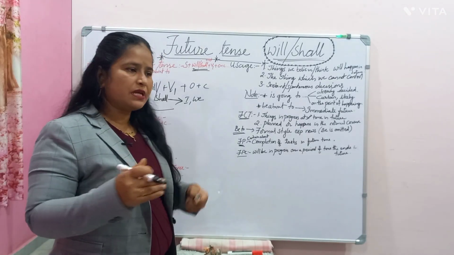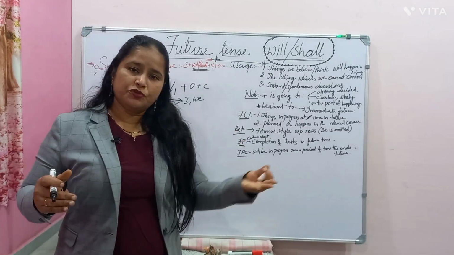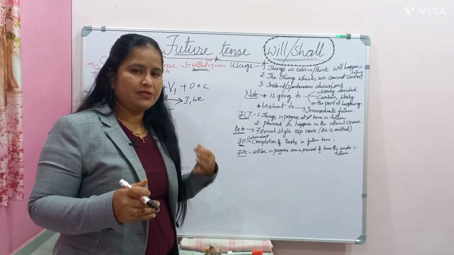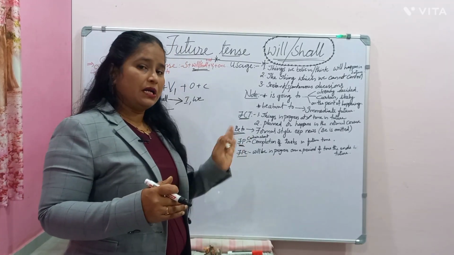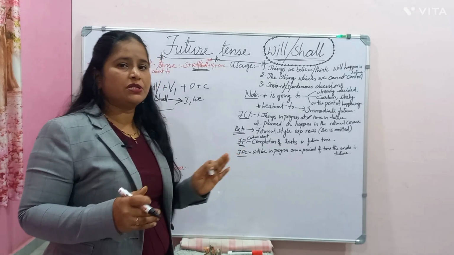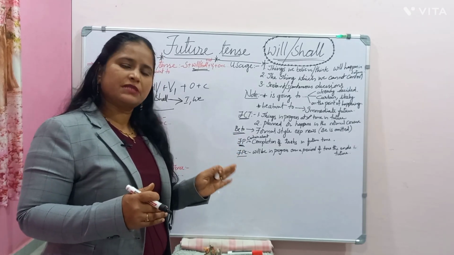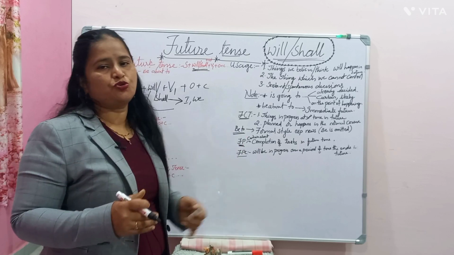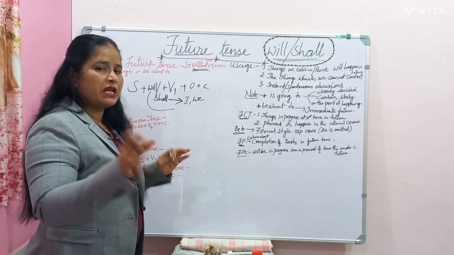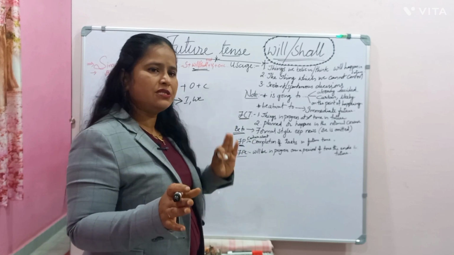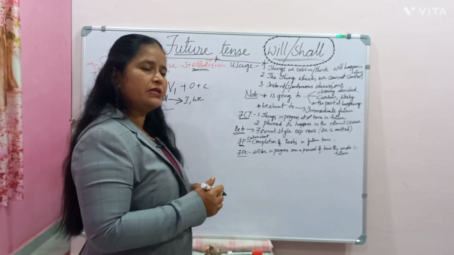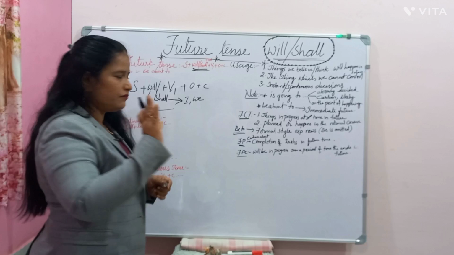The usage of shall for the future tense is not much used. But when we go to the auxiliary verbs, it has some other sense, and there shall is to be used. It does not mean that shall has been totally omitted from the language, but shall is used in other senses. I'll do a separate class on shall later.